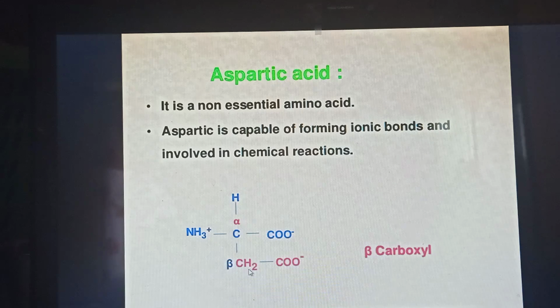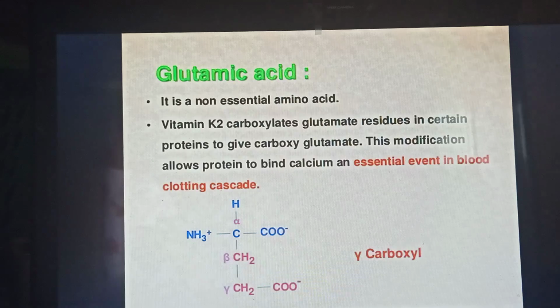So in the alanine structure, one H of the CH3 is replaced by COO minus, an acid group. You call it aspartic acid, with a beta carboxyl at the beta position.